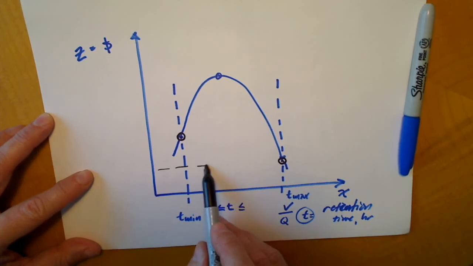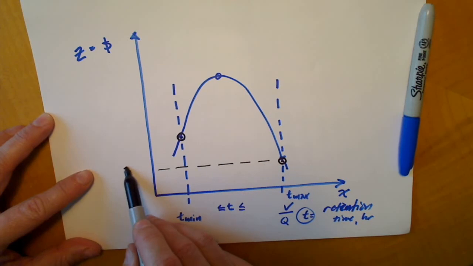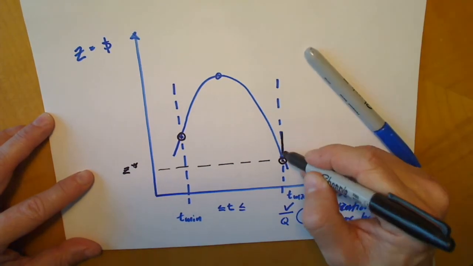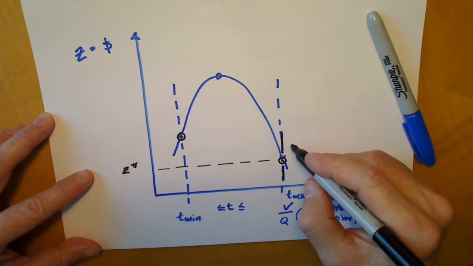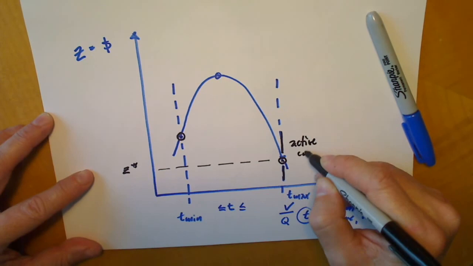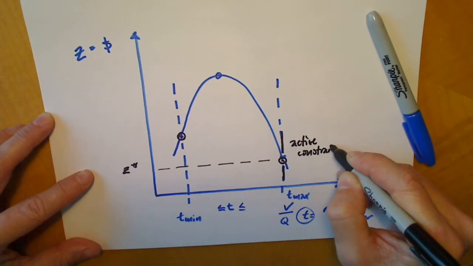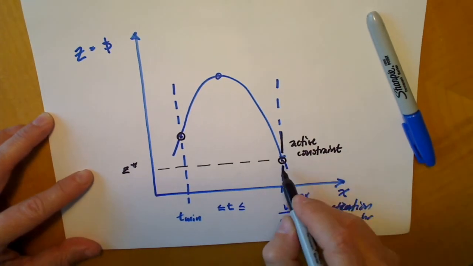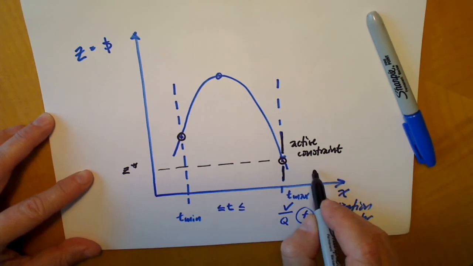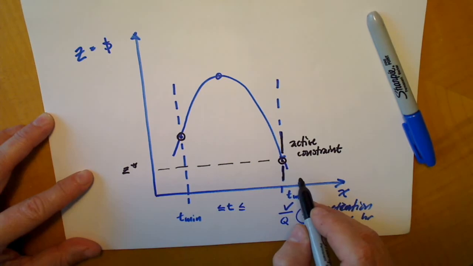Of course, we can see graphically that the least cost shows up right here. And that means that in this example, T equals T max is the active constraint. An active constraint is when the solution is found in a way that satisfies this constraint equation as an equality.